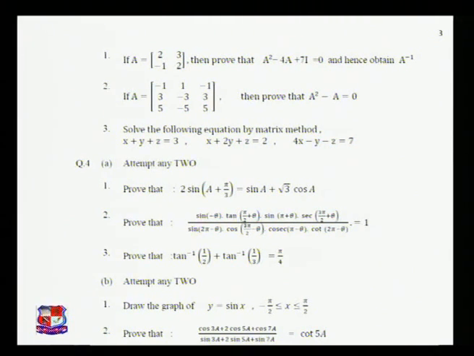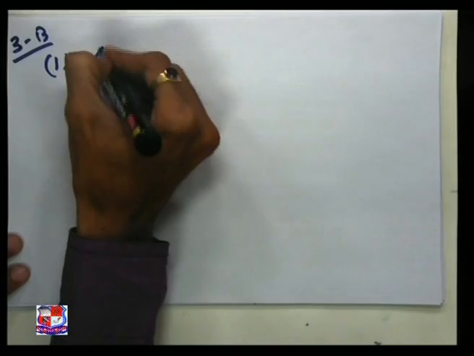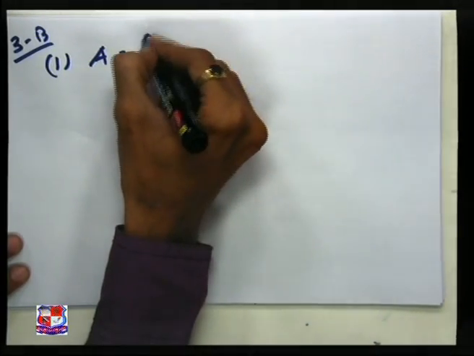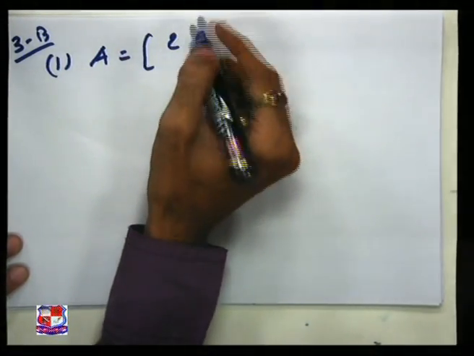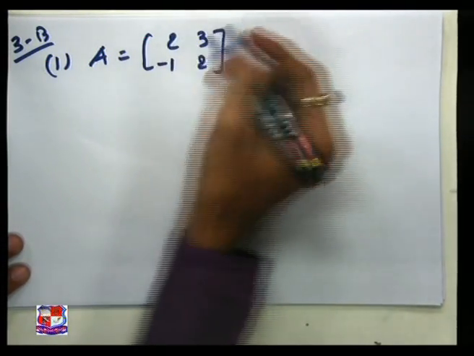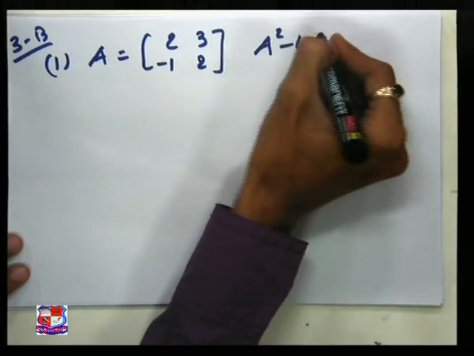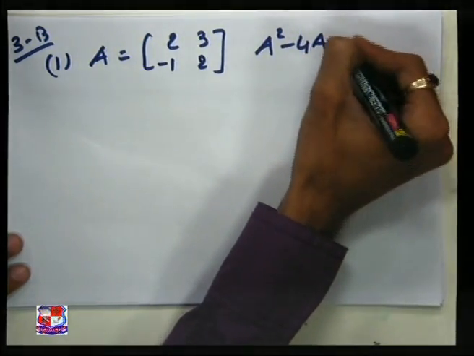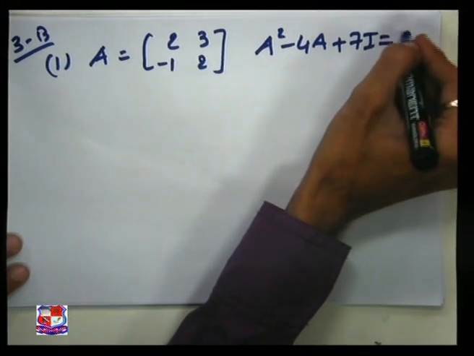Question number 3B says solve any two of the following. The first one is: A is equal to 2, 3, minus 1, 2, and we need to prove that A square minus 4A plus 7I is equal to the null matrix.